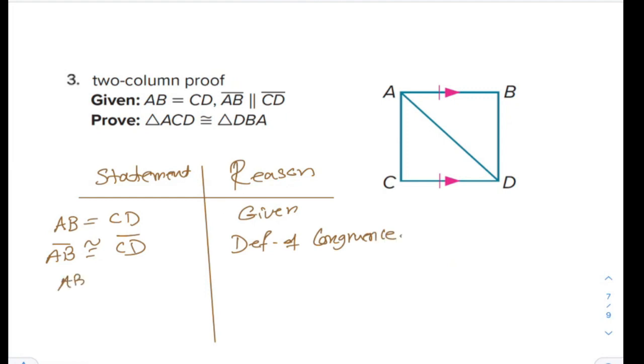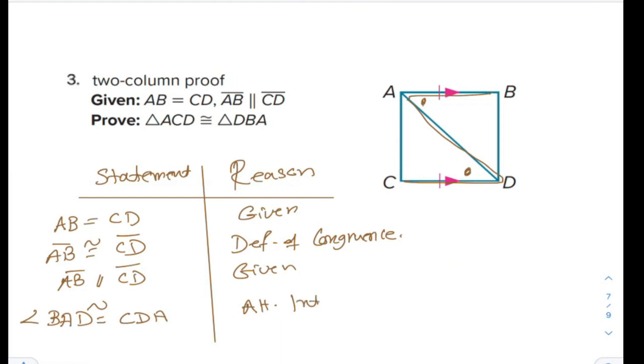Given also that AB is parallel to CD, this is given, we will use it. How do we use it? Since this line is parallel to that, we have alternate interior angles, as you see. So angle BAD is congruent to angle CDA. The reason: alternate interior angles. So we have now a side and an angle. We need one more side.